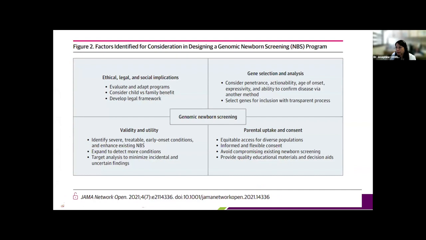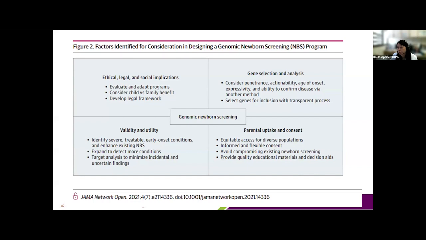So the factors to consider in designing a genomic newborn screening program may involve different areas. I have just mentioned parents' uptake and acceptance, but we also need healthcare providers who are able to offer pre-test counseling, because we are talking about collecting genomic data, and also its analysis, storage and possible future use.